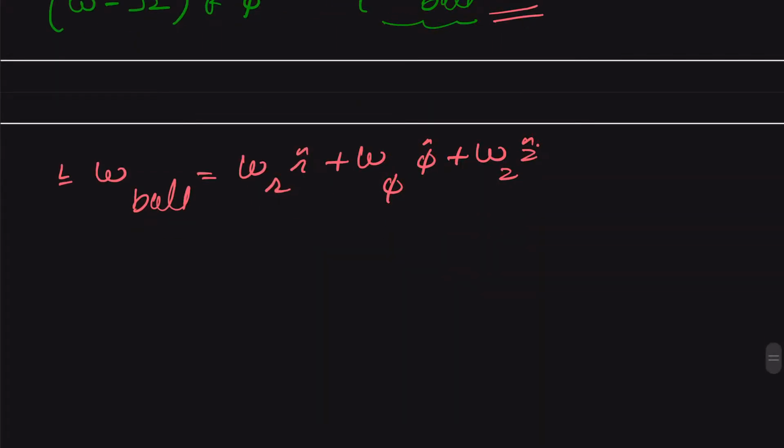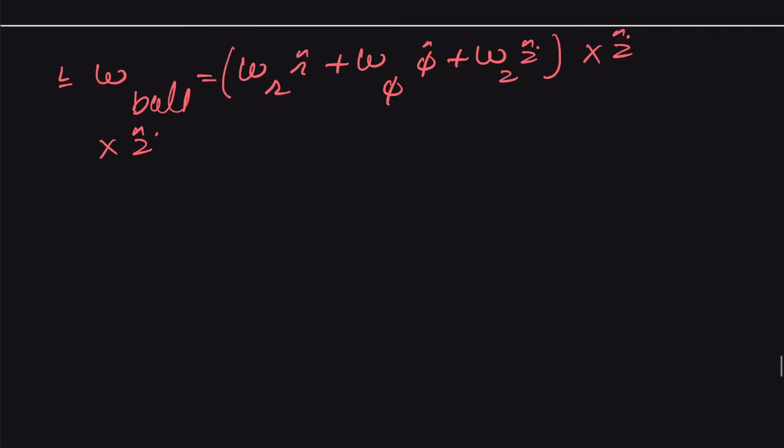Okay. Therefore, we can write this as the cross product with our z unit vector. And this gives us that r cross z will be minus of phi unit vector. So this comes as minus of r phi unit vector plus phi, and this phi cross z unit vector will be giving us r unit vector, and z cross z unit will be 0.